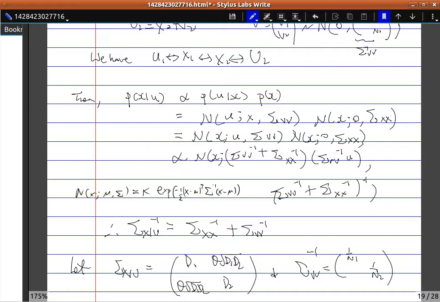It's kind of a mouthful, but this inverse of covariance has another name: it is just the precision matrix.